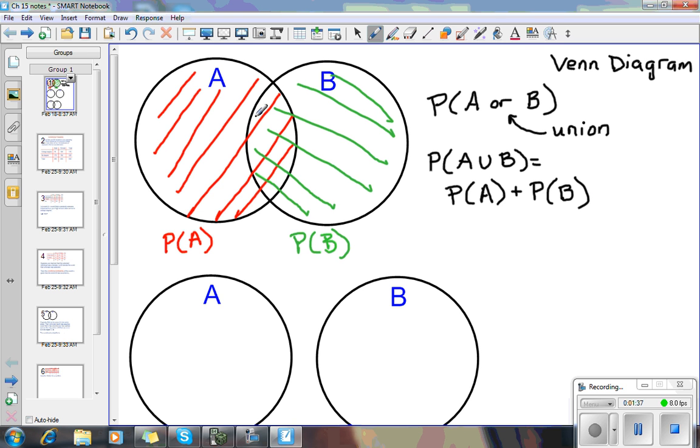And the problem is this center part was added twice. And so what we have to do is get rid of that part.